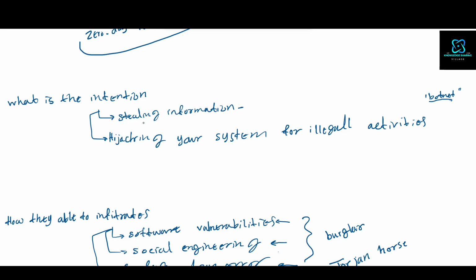And the intention of the attacker can also be to hijack your system for use in illegal activities, like infect your device and use your device to attack the target system, like when we talked about distributed denial of service attack or botnet.